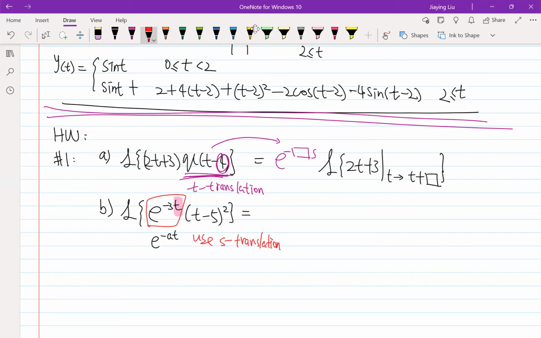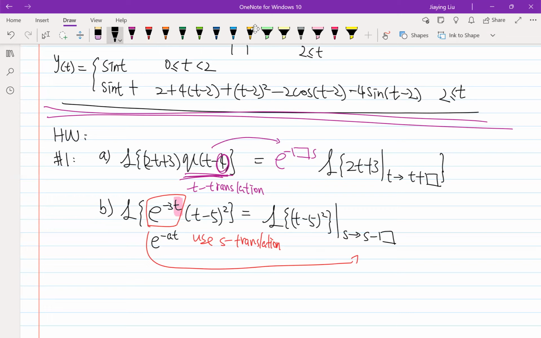So in S translation, the first thing we do is we pull out this exponential, we just put it outside. Don't worry about it. We write down the remaining, so that's the Laplace transform of (t minus 5) squared. But where do we put the translation? The translation is noted as s goes to s minus a. And you can figure out the a from there.